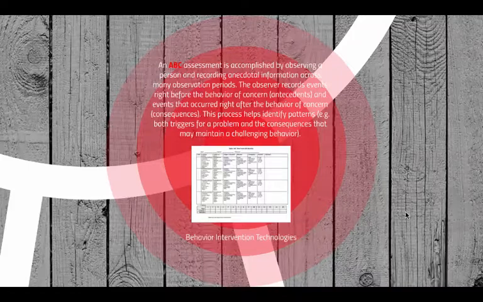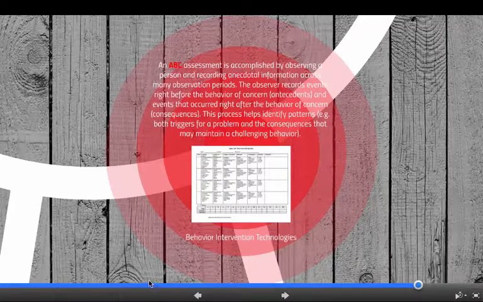Now, one of the things I want to mention here is the use of what's referred to as behavior intervention technology, also referred to as BITs. So the ABC recording method can be easily accomplished on various apps, also through data collection systems such as those available through Central Reach.